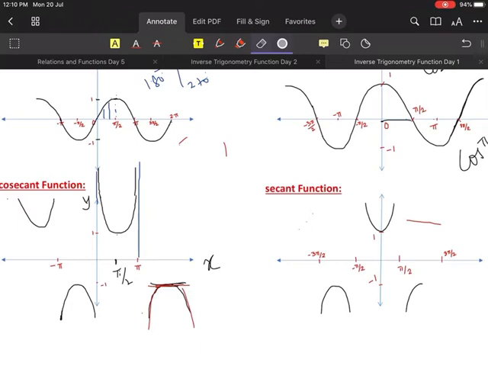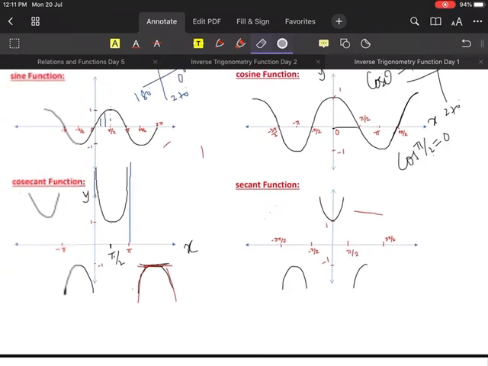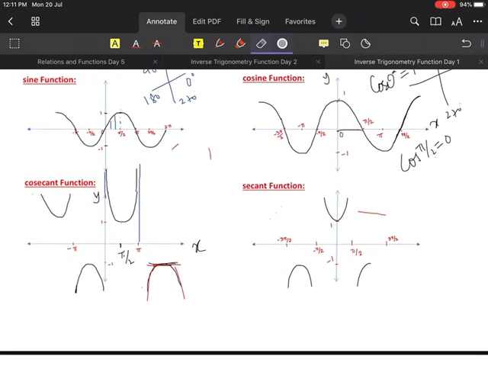Here it's like a cup, upside. Here it becomes an umbrella. Again, here it's a cup. Here it becomes an umbrella. Everyone understood? Am I clear? Yes or no? Please tell me.